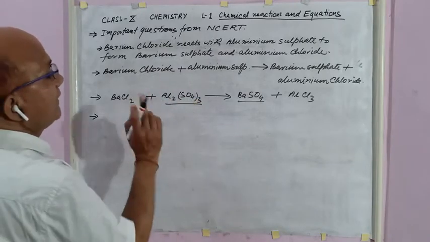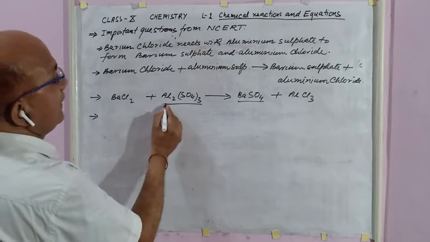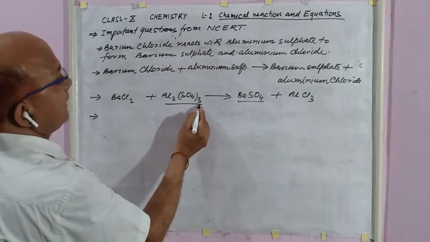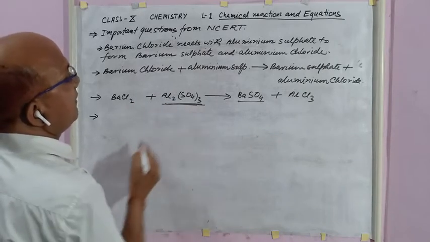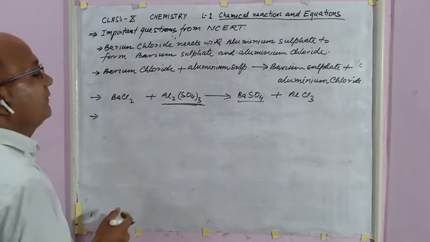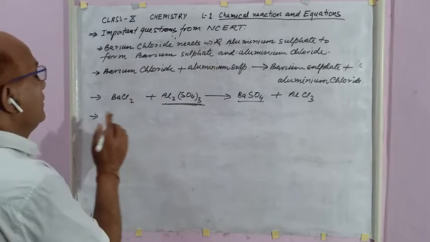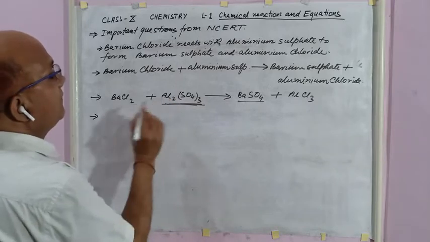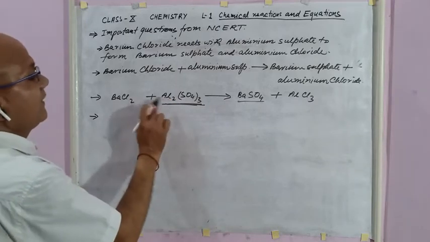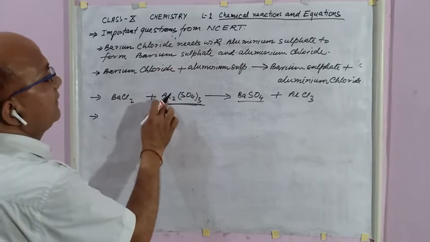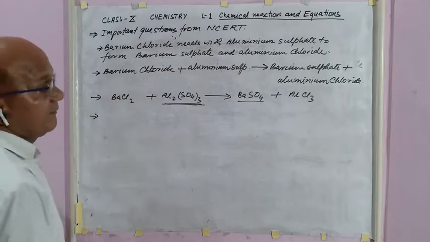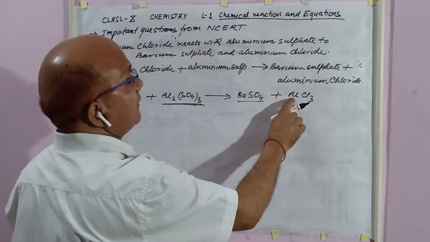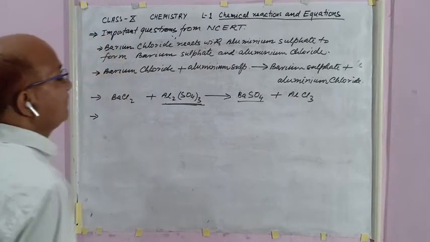So as you can see, Al2(SO4)3 contains the maximum number of oxygen atoms in this formula. So in the first step we can balance aluminium. You can see aluminium on the left side, Al2 means 2 aluminium atoms, but on the right side Al means 1 aluminium atom.